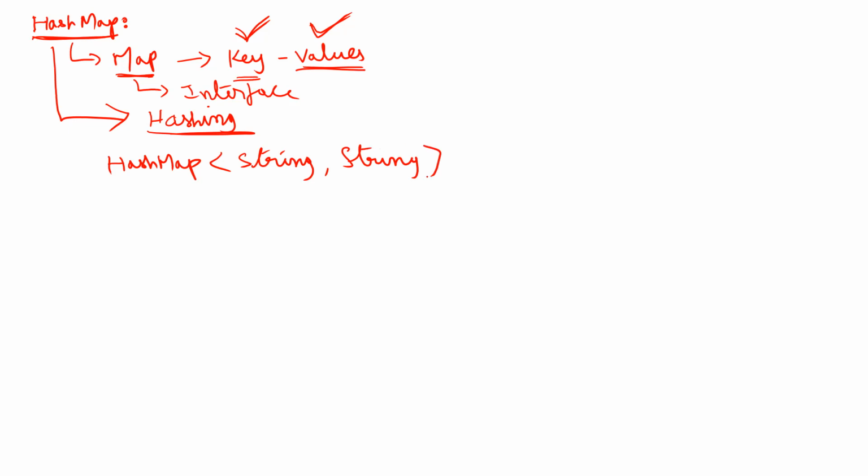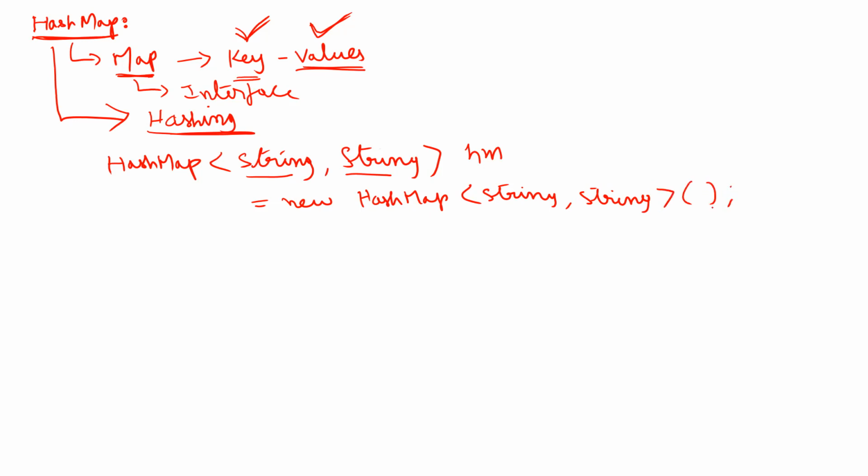That means it takes a string as a key and another string as value, and then we will give a name to this hash map like hm equals new HashMap of String, comma, String, and then close this angular bracket and then two brackets and semicolon. So this is how we can create an object for the hash map.